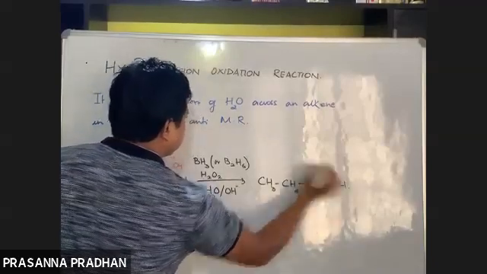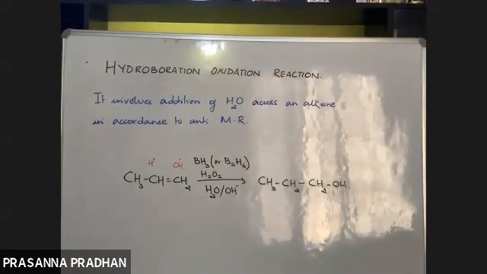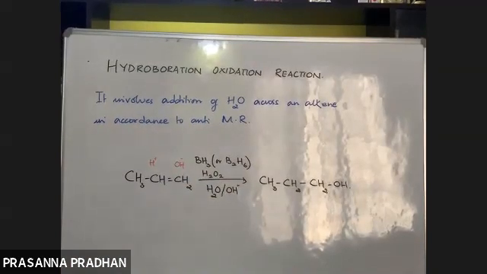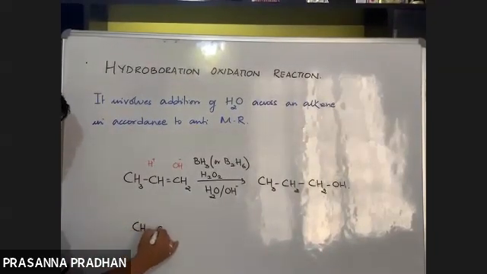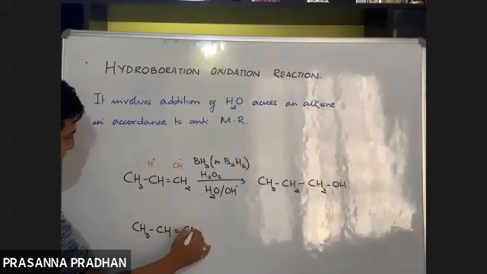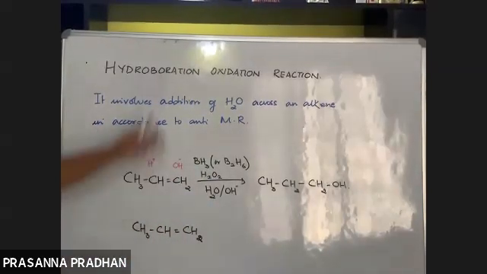So we can add a water molecule across the double bond in accordance to Markovnikov's rule and in accordance to anti-Markovnikov's rule. If you want to follow Markovnikov's addition, then what will you do? Just simple acid catalyzed hydration. And if you want to follow anti-Markovnikov's addition, then which reaction?